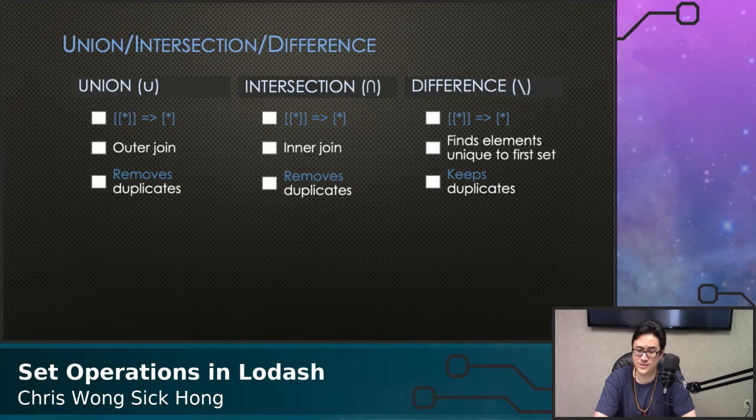What difference does, same thing, takes an array of arrays, returns a single array, and finds elements that are unique to the first array that's being passed in. And in the Lodash implementation, it actually keeps duplicates if the first array you've got has duplicates. It's a bit of a difference from the way the other two functions work, and so it can throw some people if you're not used to it.